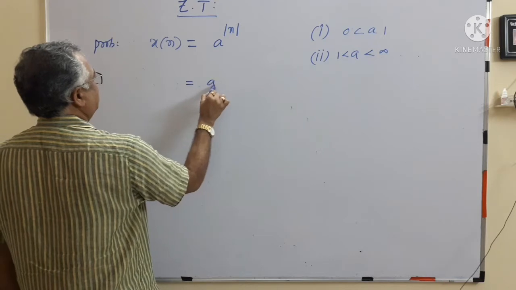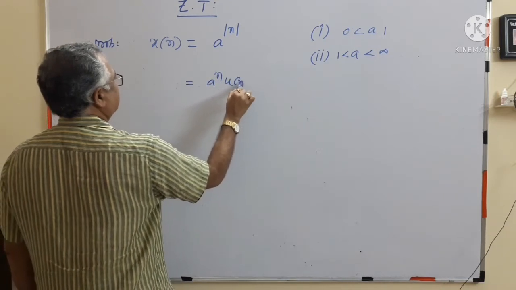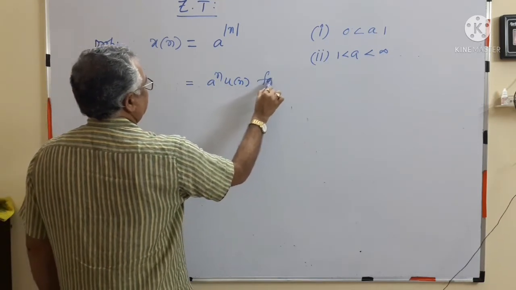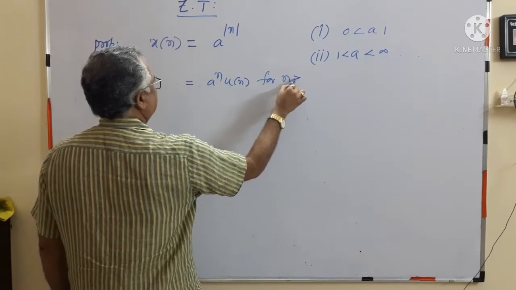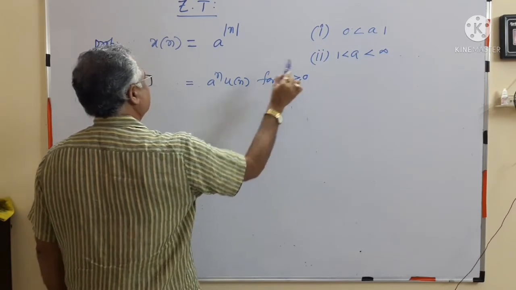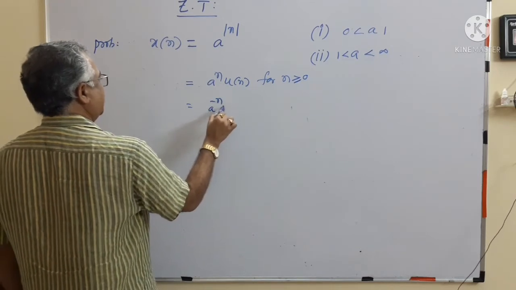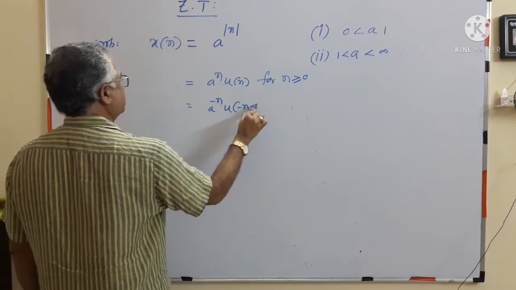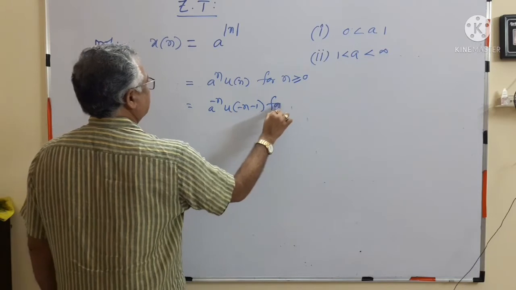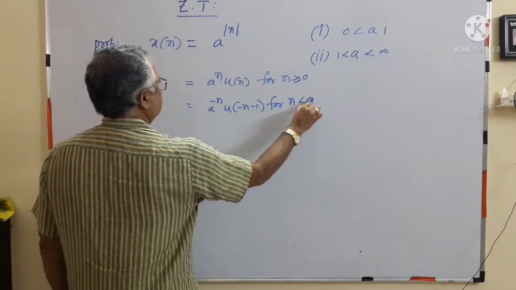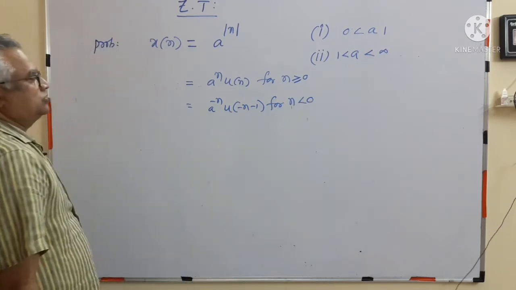So this is a power n u of n for n greater than or equal to 0, equal to a power minus n u of minus n minus 1 for n less than 0.